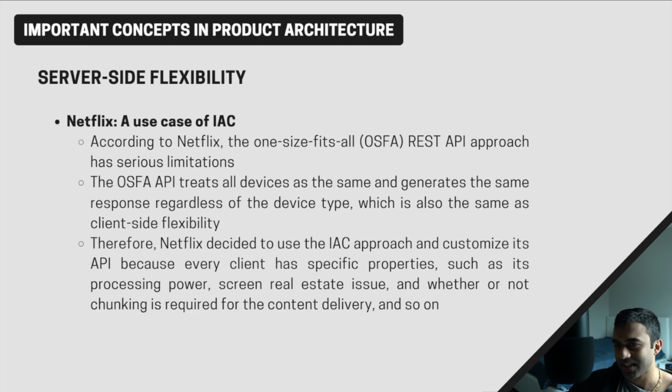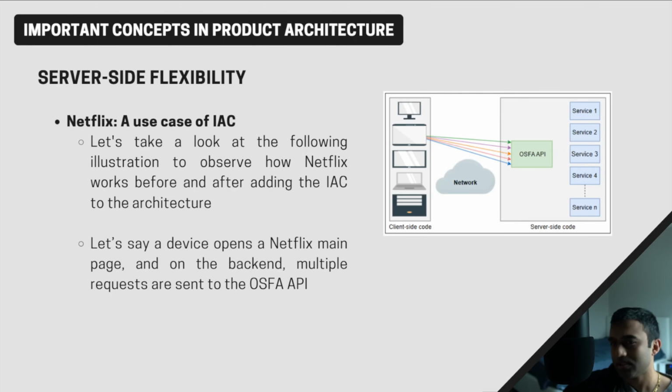Therefore, Netflix decided to use the IAC approach and customize its API because every client has specific properties such as its processing power, screen real estate issue, and whether or not chunking is required for the content delivery, and so on. So let's take a look at the following illustration to observe how Netflix works before and after adding the IAC to the architecture.